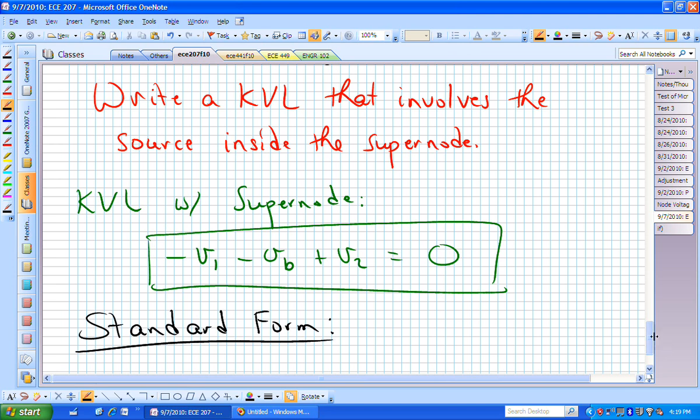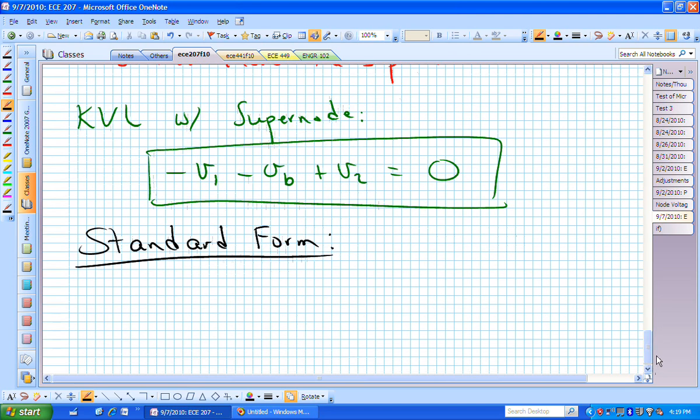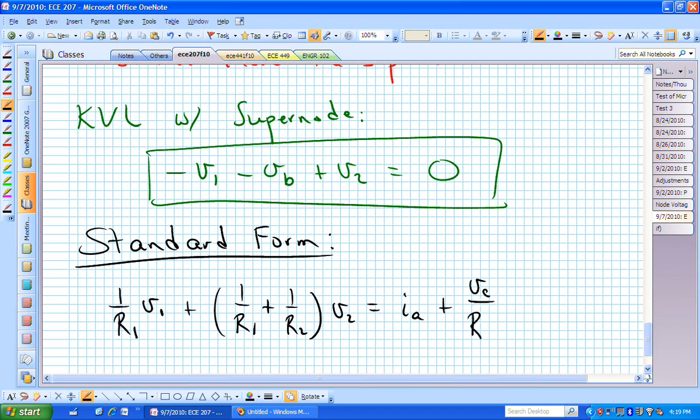Here's the standard form. The first equation is 1 over R sub 1 times V1, plus (1 over R sub 1 plus 1 over R sub 2) times V sub 2, equaling I sub A plus V sub C over R sub 3.